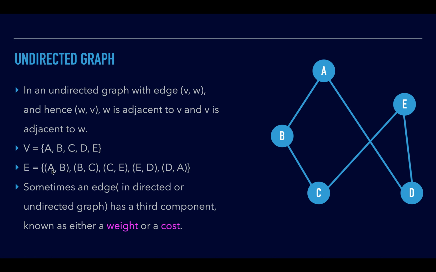I first write the starting point, then the ending point, then the cost associated with traveling from the first place to the second place. That can also be included along with the graph definition, but I haven't done it here.